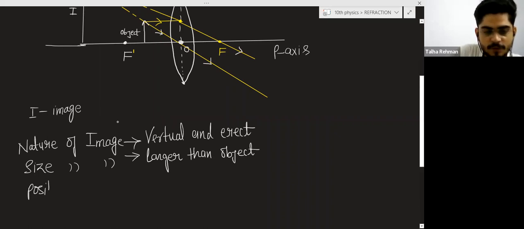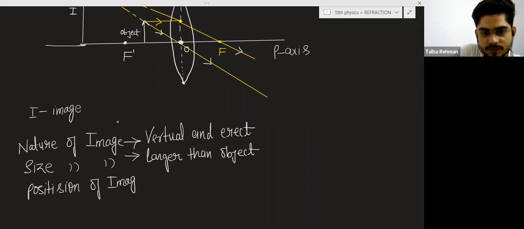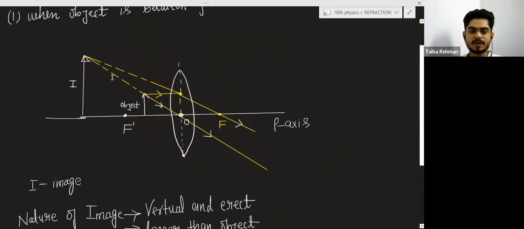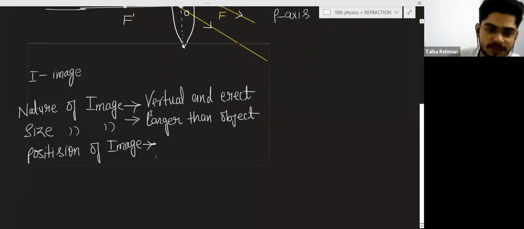When you talk about the position of the image, the image is formed behind the object and on the same side of the object.